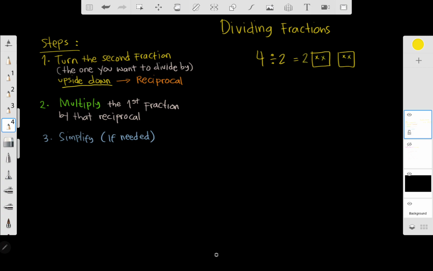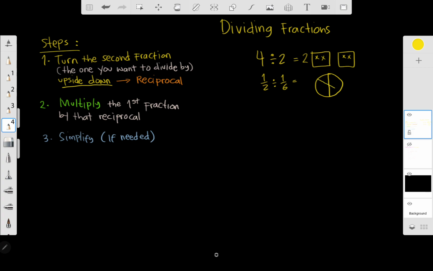Now the same thing with fractions. When you have a half divided by 1/6, it means in the half, how many 1/6 are there? Now if I illustrate it for you, I have here a half, okay, and then we need to find out how many 1/6 there are, right?